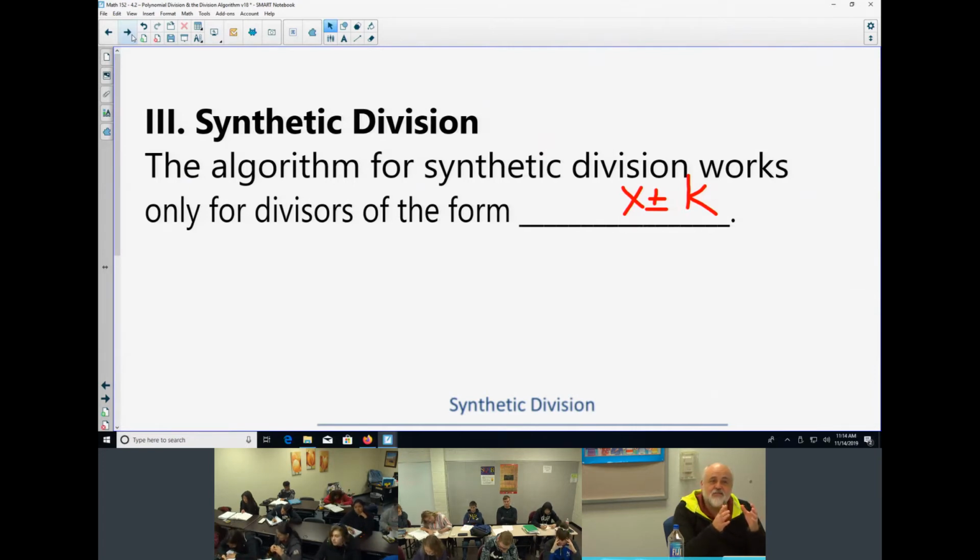So there's only a limited number of problems that you can use it. And as it says here, the algorithm for synthetic division works only for divisors of the form x plus or minus a constant. Okay. So if your divisor is 2x or x squared or something like that, it doesn't work.